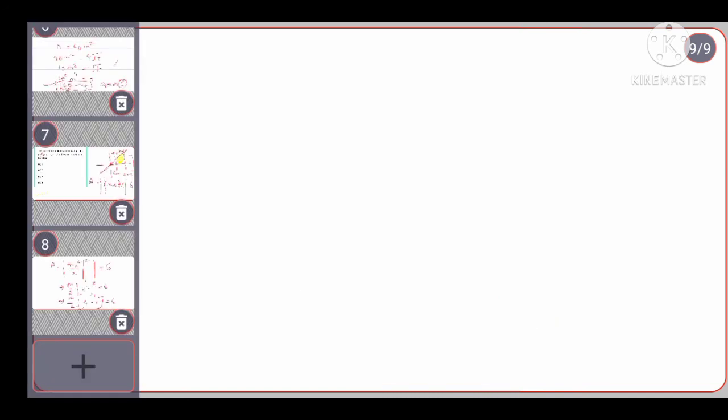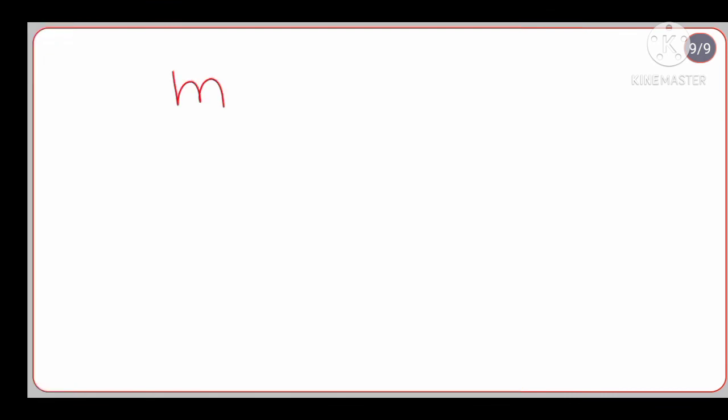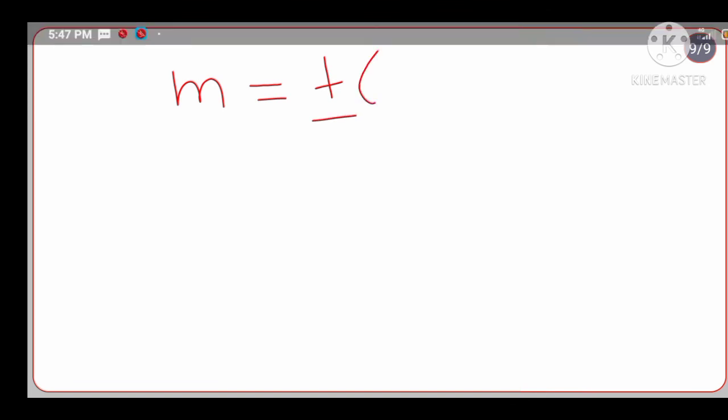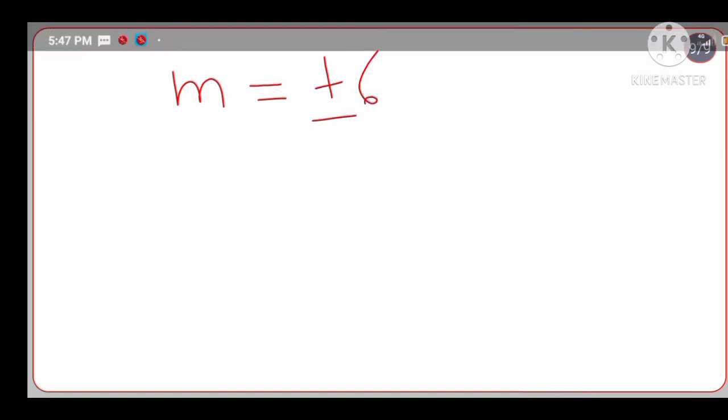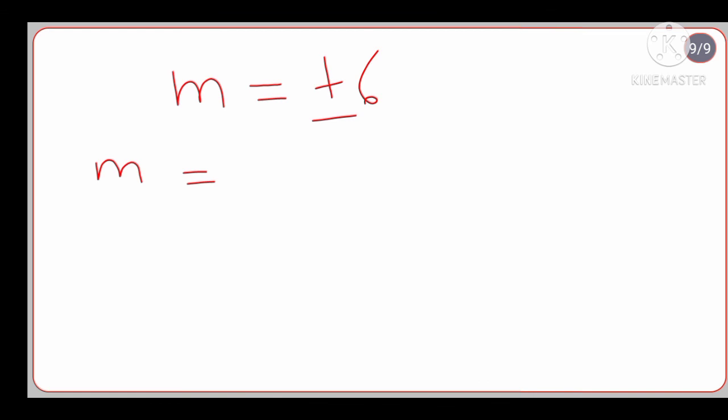As we have to find the value of m only, now if we cancel the mod, it becomes plus or minus 6. Here m is positive, so we will take the positive value, only 6.